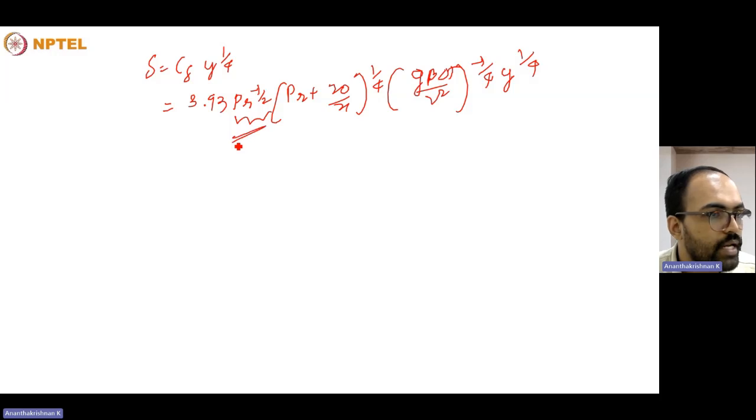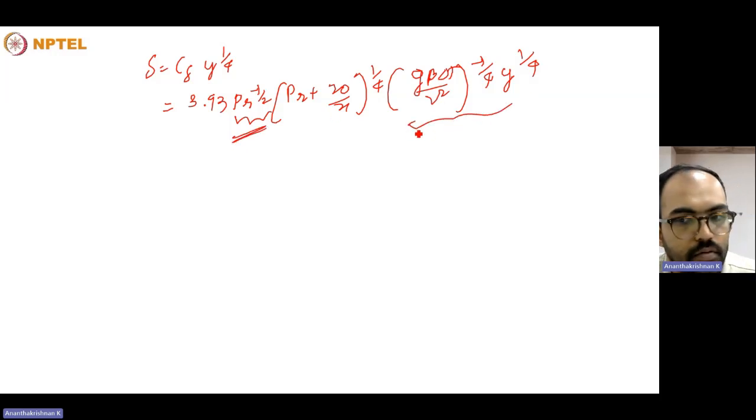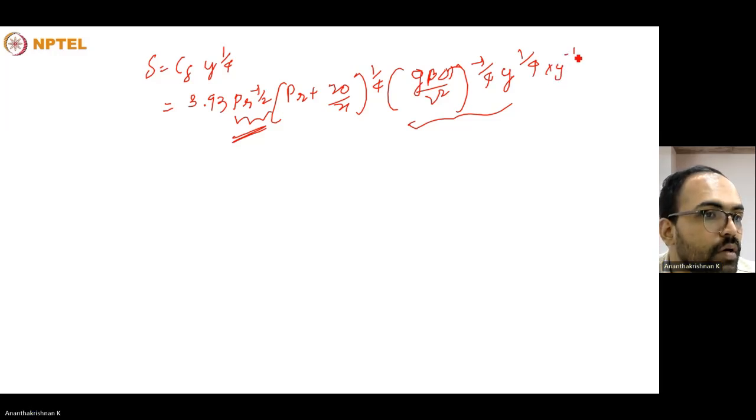So we have a Prandtl number, we have an equivalence of Grashof number, and then we can obtain it in the form of Rayleigh number. So what we do is that this is g beta delta T divided by nu square raised to minus 1 by 4. So we can actually multiply and divide it by y raised to minus 1 by 4. So this will become y raised to minus 2 by 4.